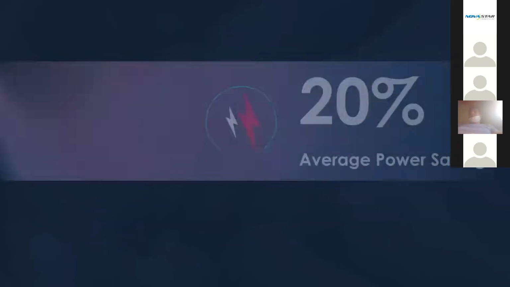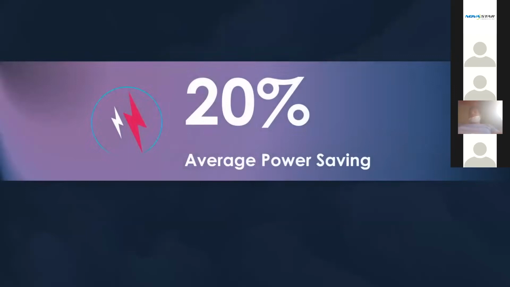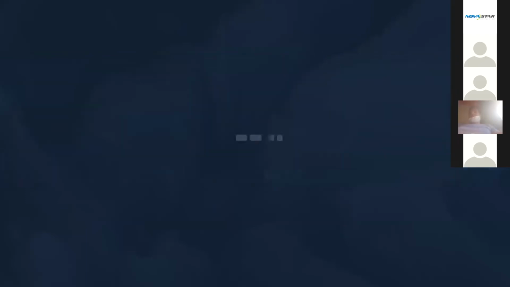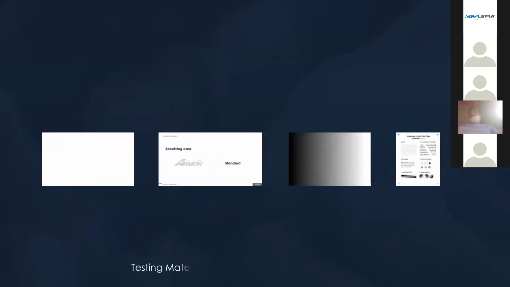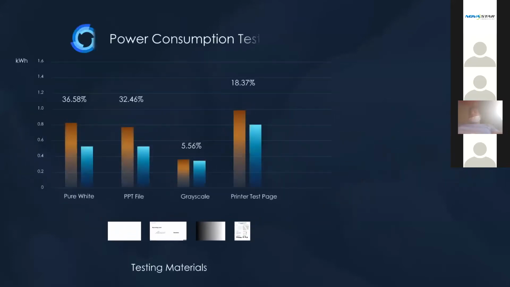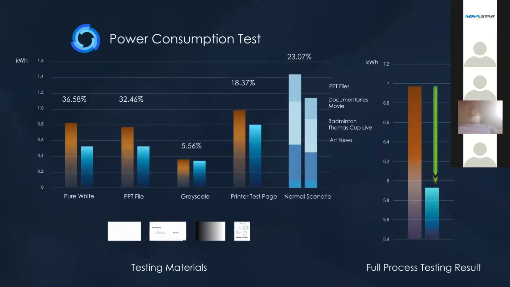In addition to that, it can also help reduce the power consumption of LED displays by around 20%. We did a test with some commonly used materials such as pure white, PowerPoint files, grayscale gradients, printed test page, etc. And finally came to this result. We also tested with some video types that are frequently played, such as PowerPoint files, documentary films, sports, and news reports.